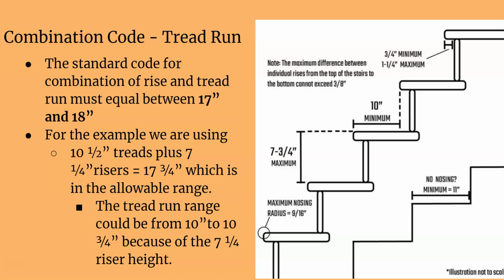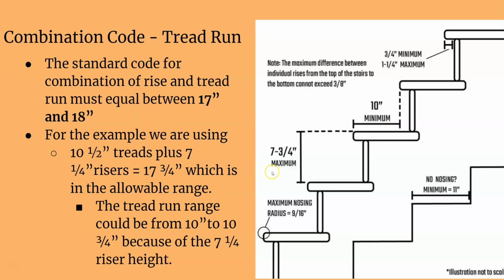So this is also important. The tread depth and the riser height combined has to be between 17 and 18 inches. So, like I said, 7 3/4 plus a 10-inch step, that'd be 17 3/4.